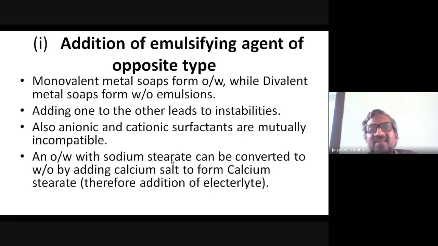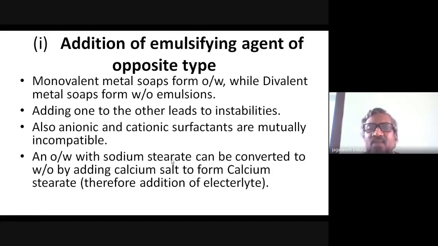Most of the time they give oil in water emulsions because sodium stearate and potassium stearate are water soluble in nature. According to Bancroft's rule, which we have already seen, wherever the emulgent is soluble, that becomes the continuous phase. So monovalent metal soaps are water soluble, so you are going to get an oil in water emulsion.